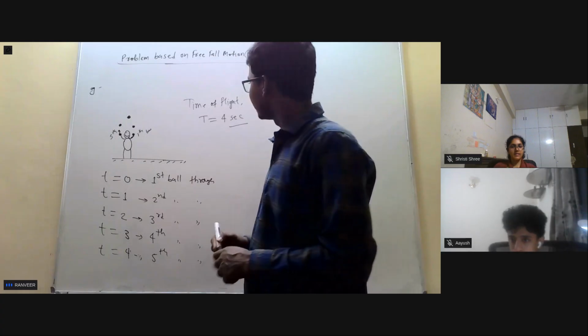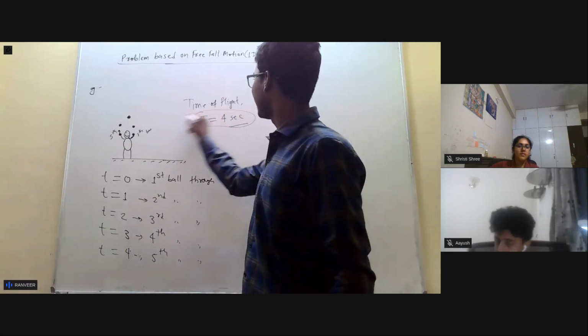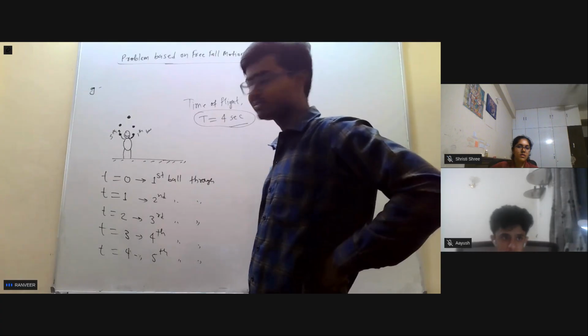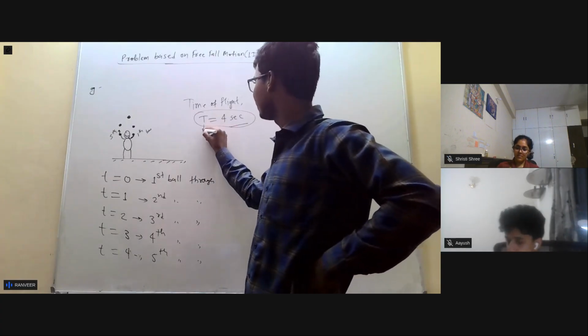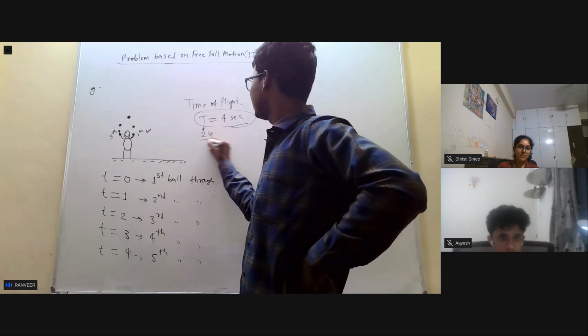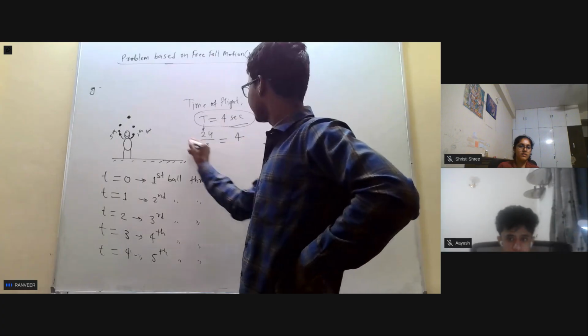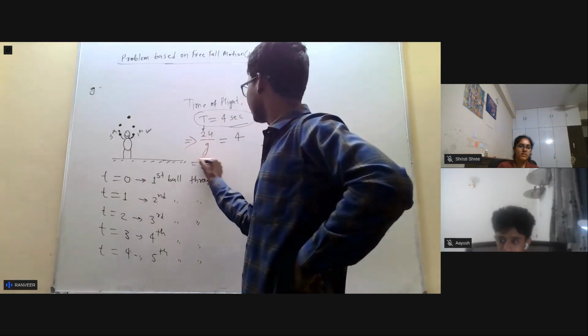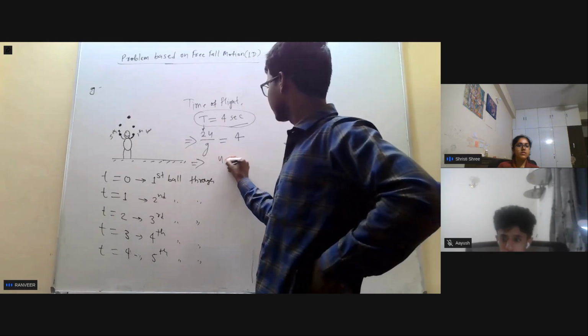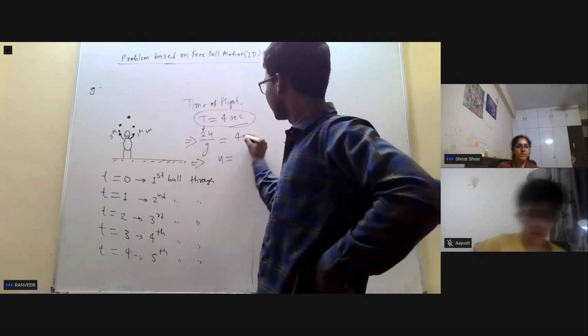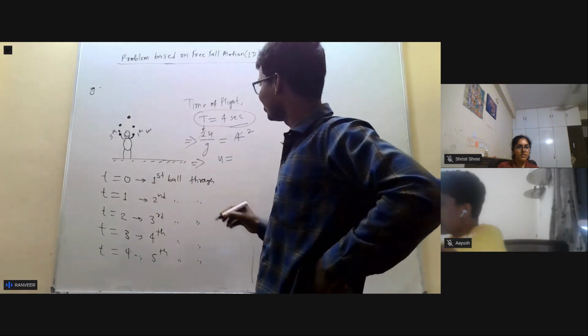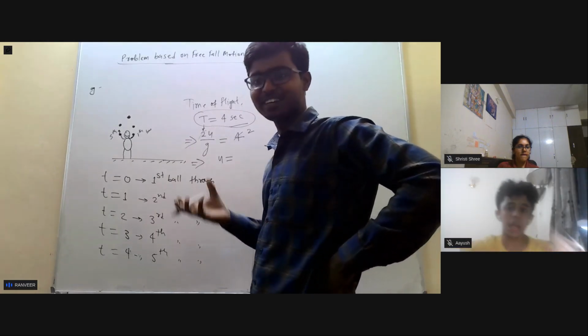Yes, sir. So if you know the time of flight, can you calculate the maximum height? What is the formula of time of flight? 2u by g equal to 4. What is u? U is 0? No, how is u 0?